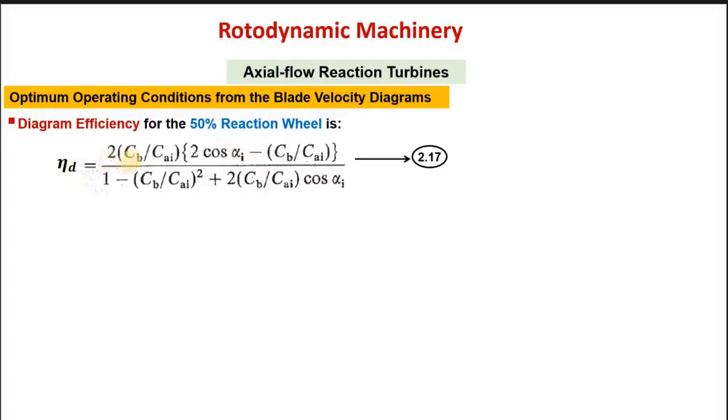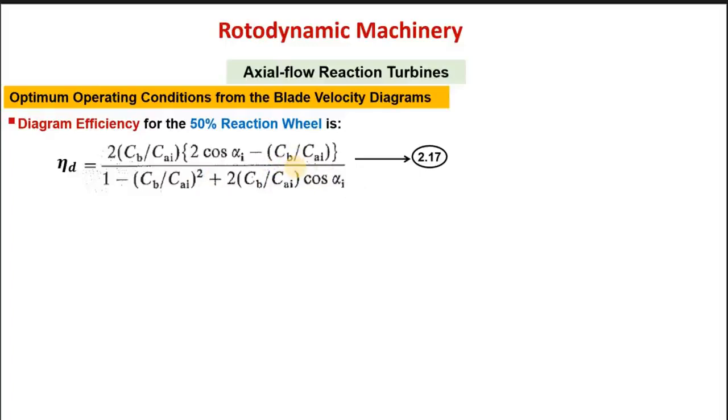So the efficiency is mainly dependent upon CB over CAI. So we differentiate equation 2.17 with respect to CB over CAI and put it equal to 0.